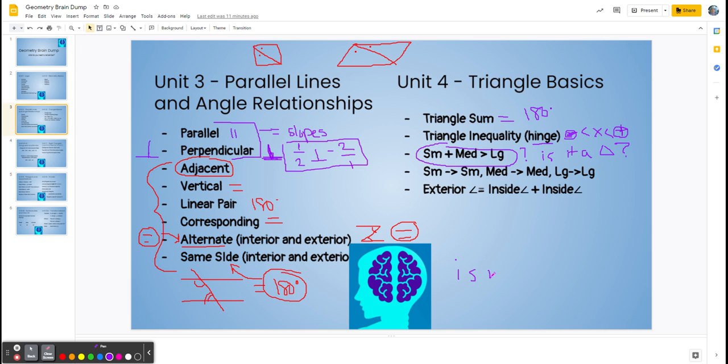If I say, is it right? Then I've got to do a squared plus b squared equals c squared. They're two very similar questions, but if I just say, is it a triangle? Small plus medium is bigger than large. Is it a right triangle? Then it's Pythagorean theorem. So you've got to read carefully to notice that right.